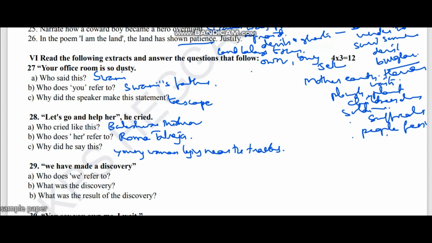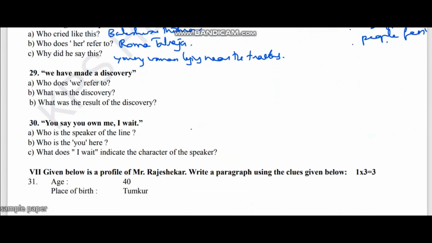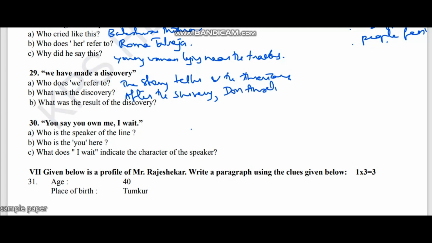Number 29. We have made a discovery. Who does we refer to? We refer to the storyteller and the Americans. What was the discovery? After the survey, they found that Don Anselmo owned more than 8 acres.